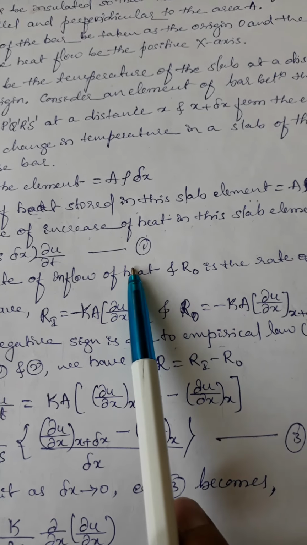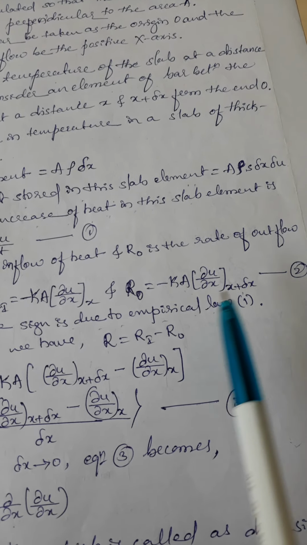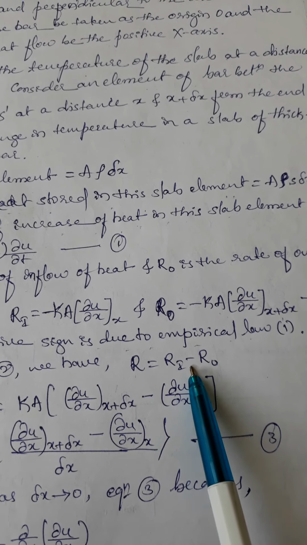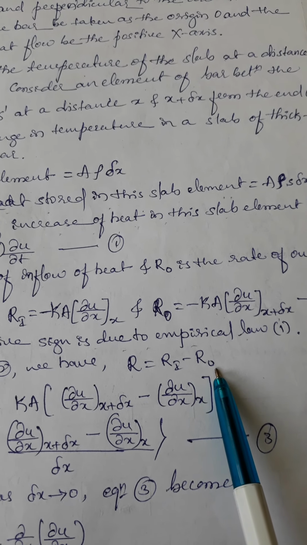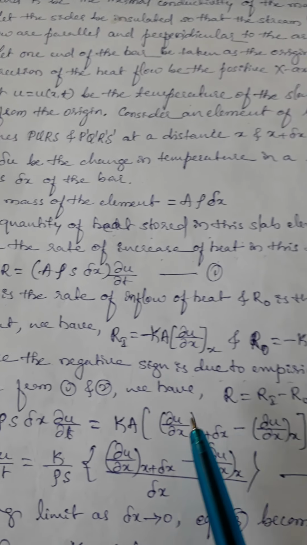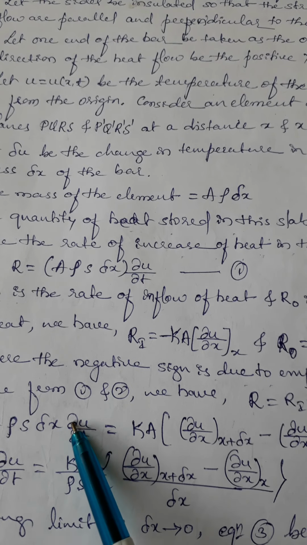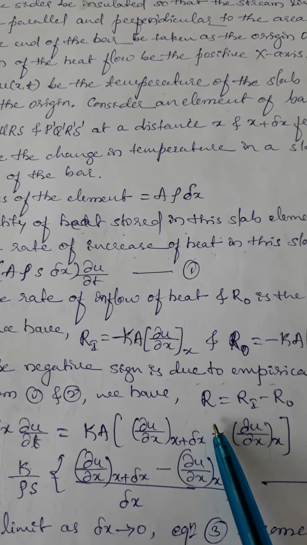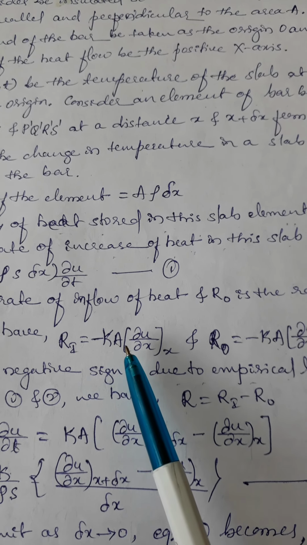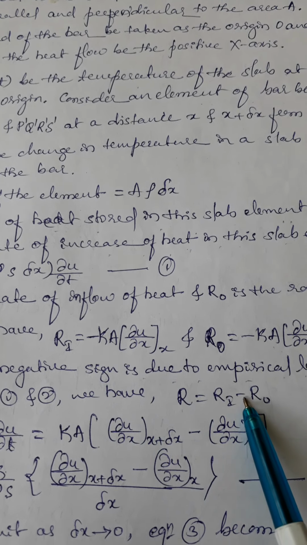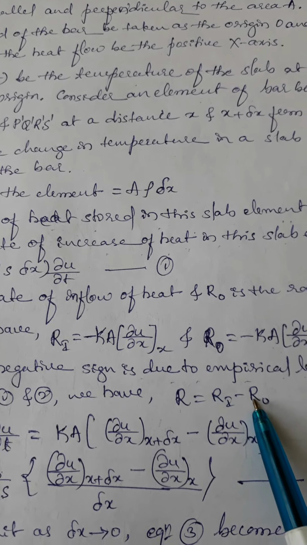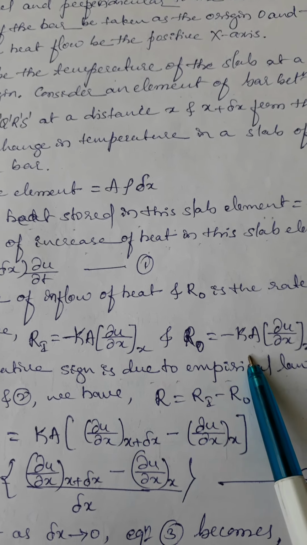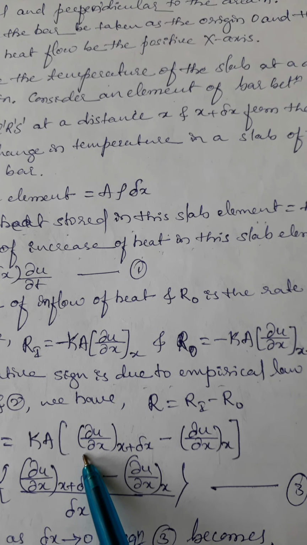Hence, from equations number 1 and 2, we can write R equal to Ri minus Ro. Therefore, R from equation number 1, next Ri, that is minus, next minus Ro. By simplifying, in both terms K A is common.